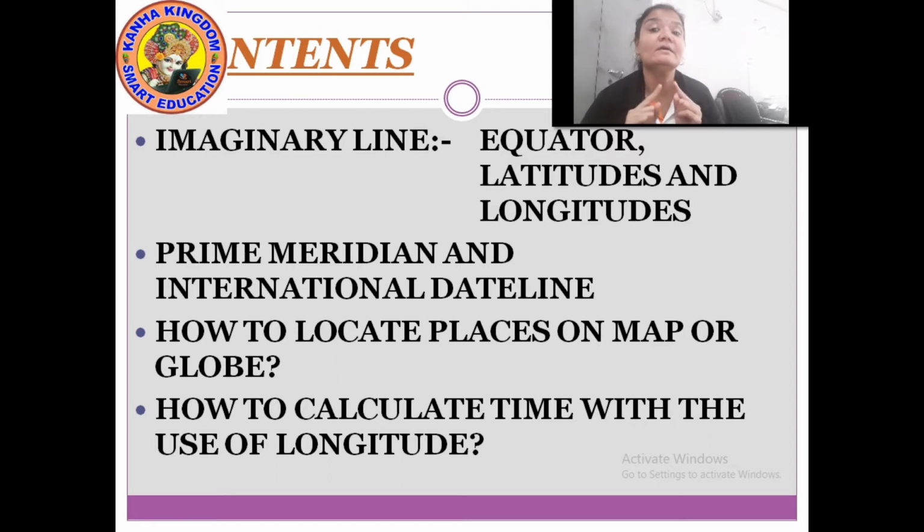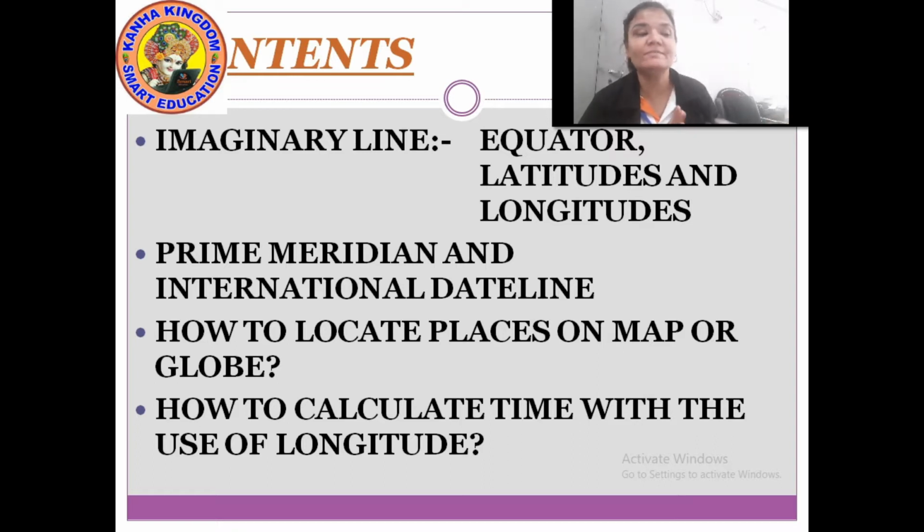Eastern hemisphere and western hemisphere are divided because of the prime meridian, which encircles vertically. Okay. How many latitudes? 181 latitudes. Then moving to the longitudes.